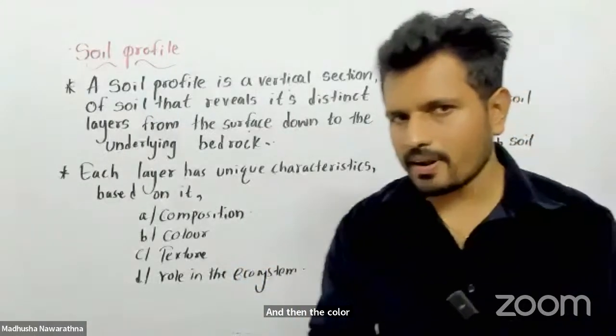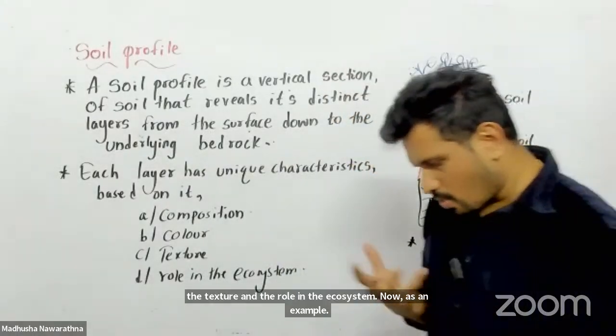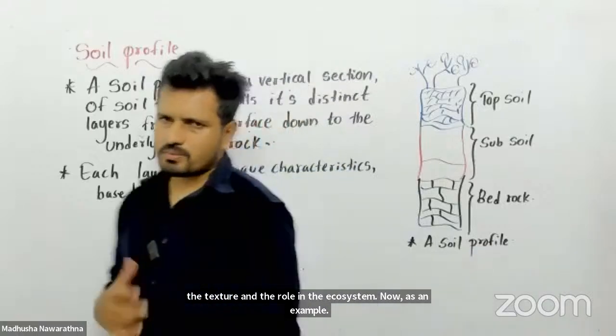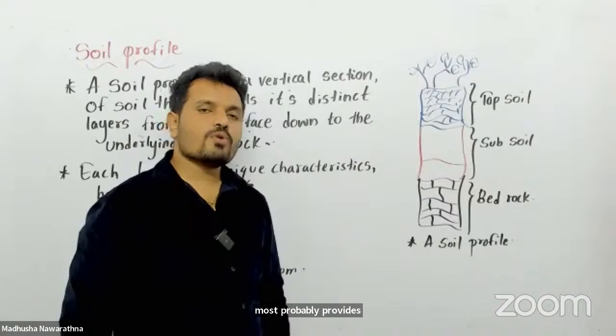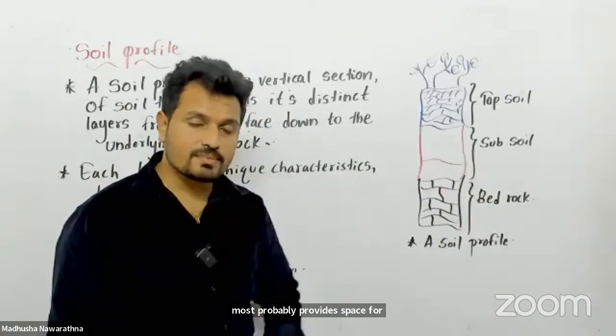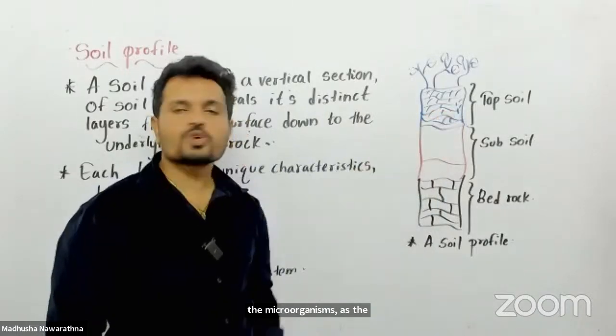As an example, the role of the topsoil in the ecosystem is that it most probably provides space for the microorganisms as well as the macroorganisms. We discussed that they are mostly in the topsoil.